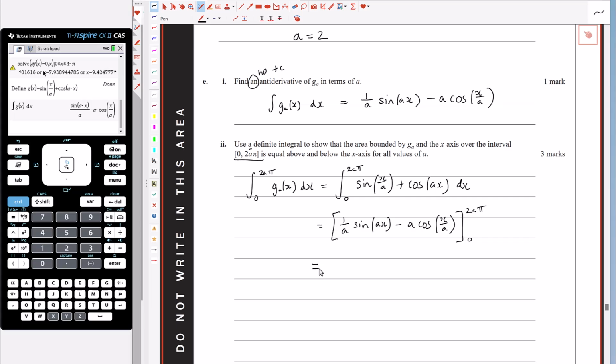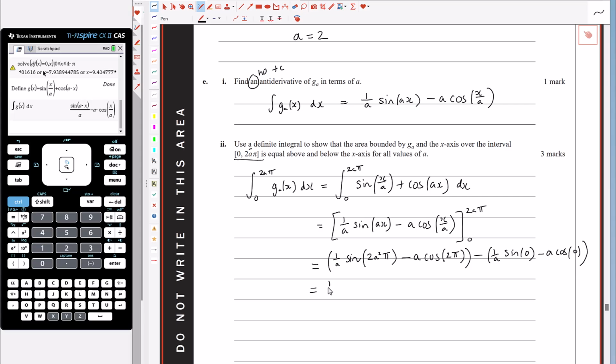Okay, so let's sub in 2aπ. So we're going to have (1/a) sin of, if we put in 2aπ in place of x, 2a²π, minus a cos of, that will just be 2π because those a's will cancel out, minus (1/a) sin(0) minus a cos(0).